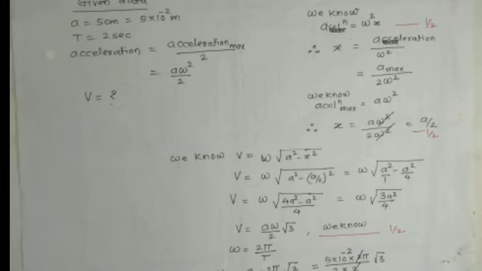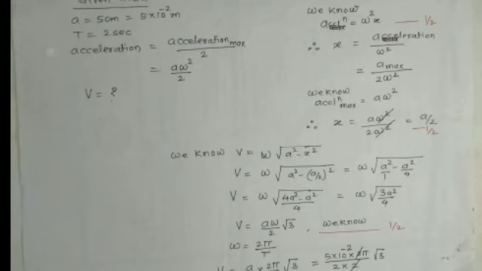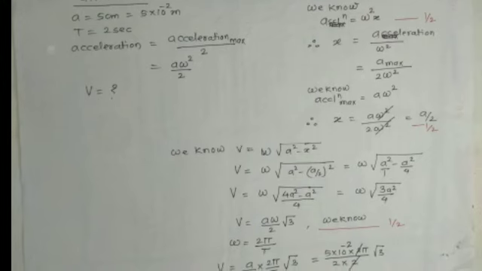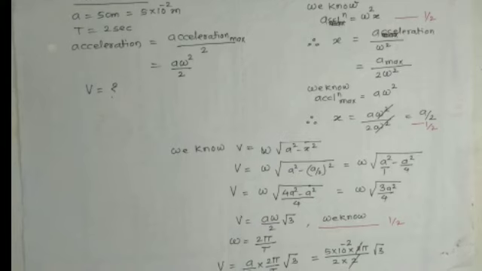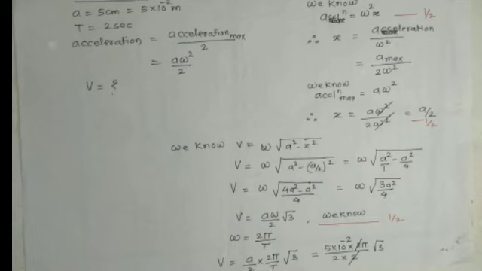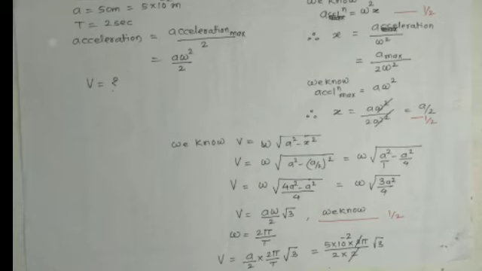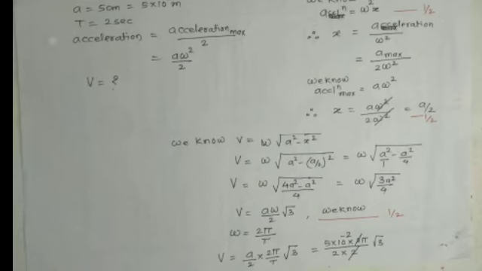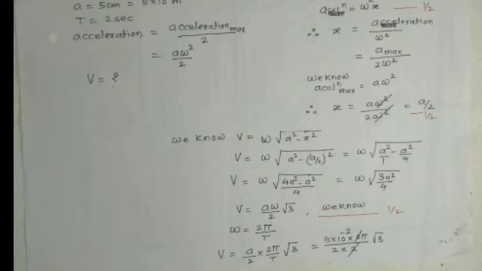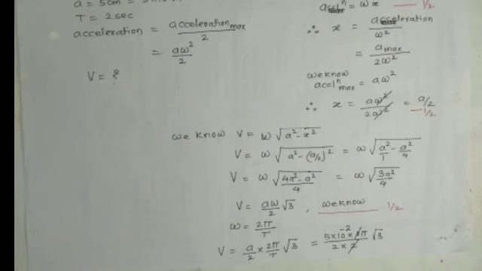We know the formula for velocity, v equal to ω square root of a² minus x². v equal to ω square root of a² minus (a/2) bracket square, means ω square root of a² into (1 minus 1/4). By calculating, v equal to ω square root of 3a²/4, means v equal to aω/2 square root of 3.